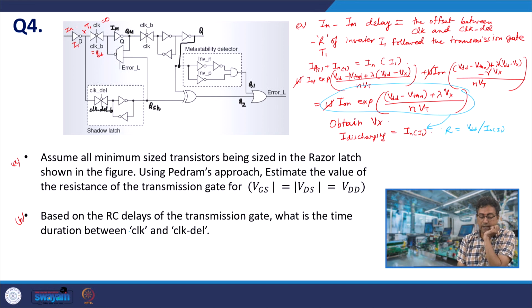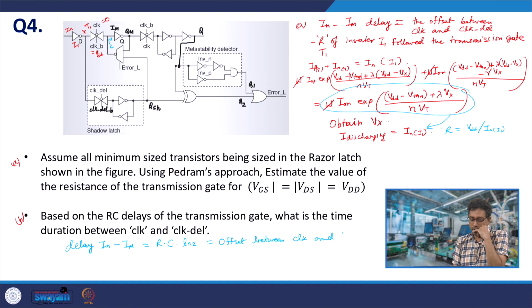So, what is the delay from in to IM? So, let us take the capacitance to be C, input capacitance of this inverter. So, the delay is R, we have already estimated, R into C into natural logarithm of 2. So, this should be the offset between clock and the delayed clock.